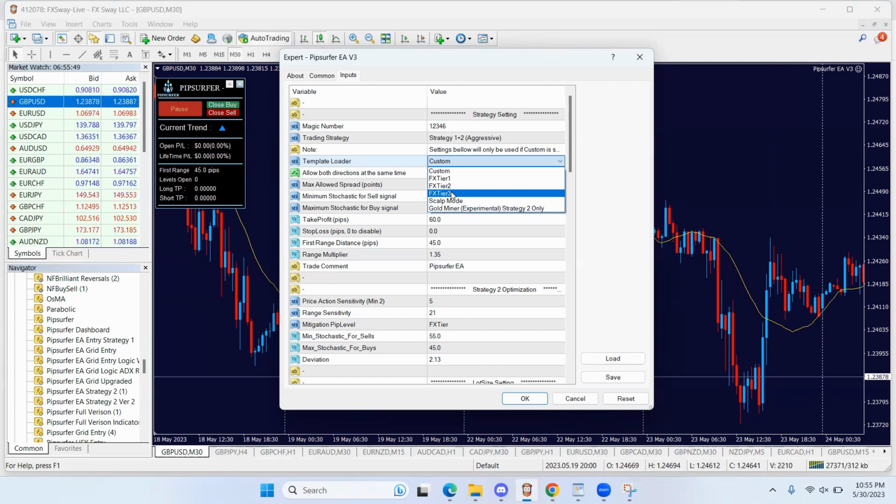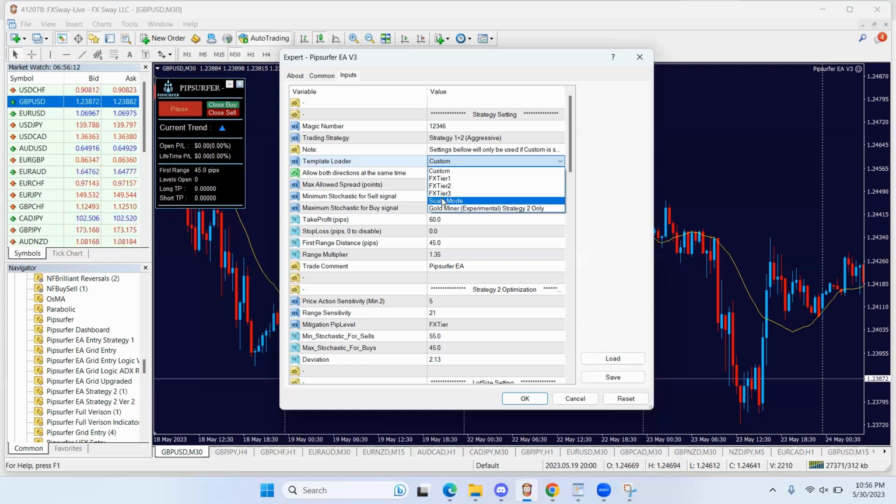So a lot of your Great Britain pairs, GBP USD, GBP CAD, GBP JPY, or Euro AUD. So those are for pairs that move more than 110 pips per day on average. So the risk management settings within these three tiers are for those trading pairs.